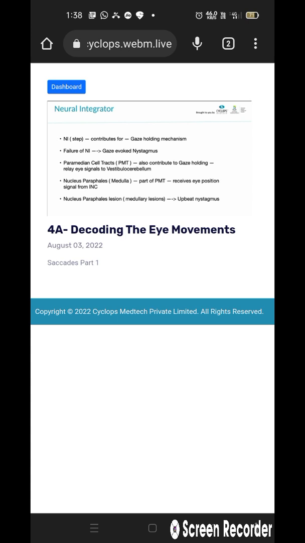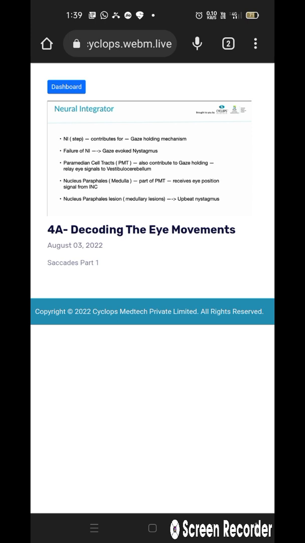The nucleus paraphilis, or the medullary nucleus paraphilis, which is a part of the paramedian tract, receives the eye position signal from the interstitial nucleus of Cajal, and it relays it to the vestibulocerebellum. So any medullary lesion that involves this paramedian tract group, particularly this nucleus paraphilis, leads to upbeat nystagmus.